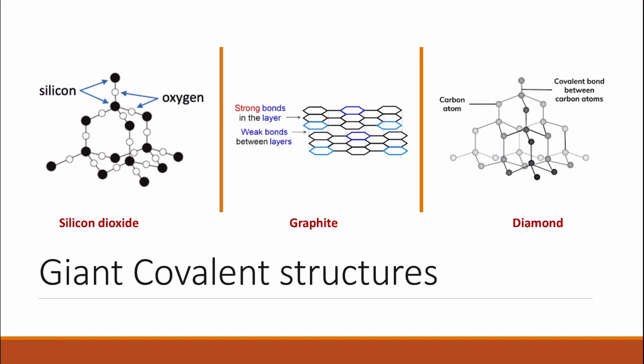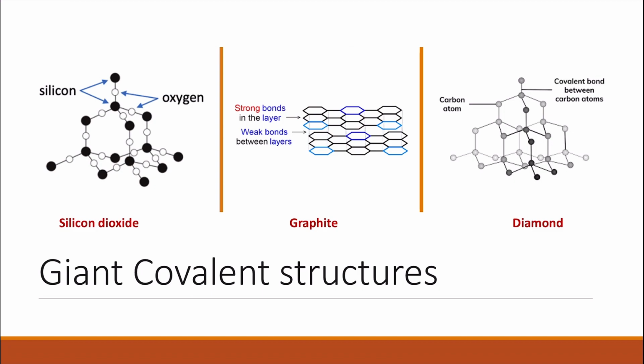What about the giant covalent structure? In this type of structure, all the atoms are bonded to each other by strong covalent bonds. So instead of having certain molecules, like the simple covalent structures with intermolecular forces in between them, all the atoms in the structure are bonded together by strong covalent bonds.